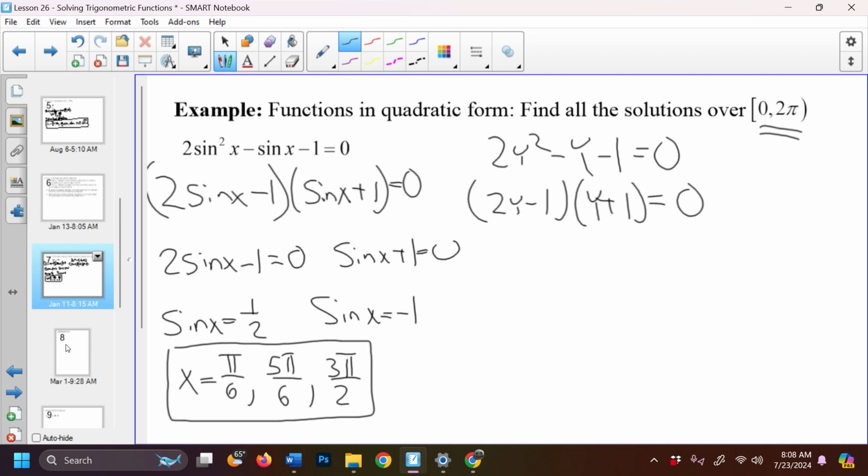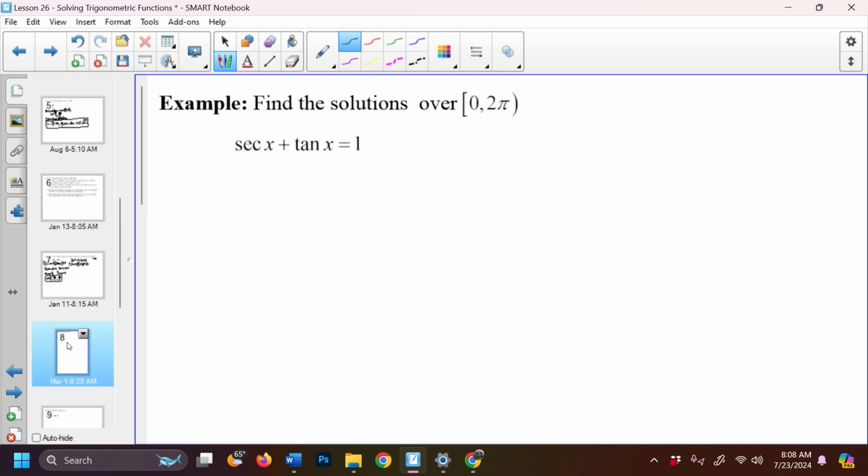All right, next example. It says find the solutions over 0 to 2 pi. Okay, so I have secant x, tangent x. And this one's difficult because clearly I have two different trig functions here. And I don't have a quick substitution to transform secant into tangent or tangent into secant.